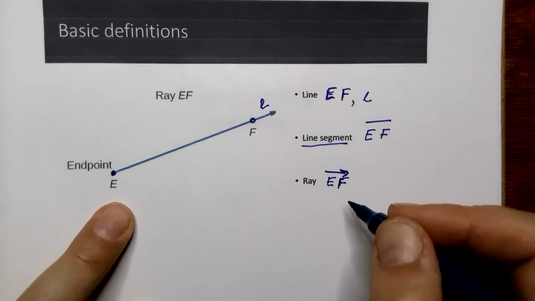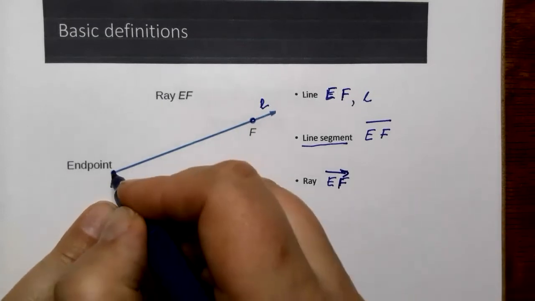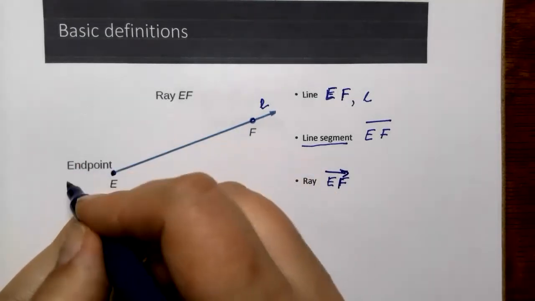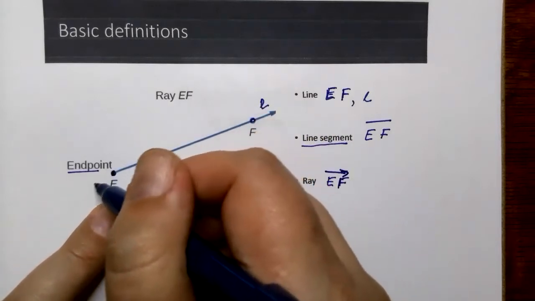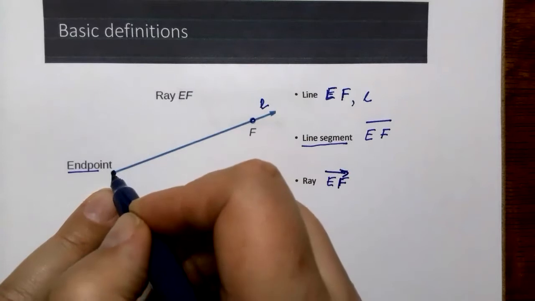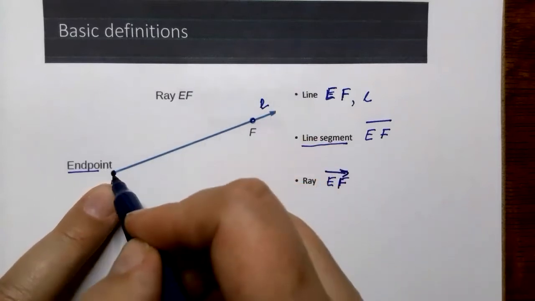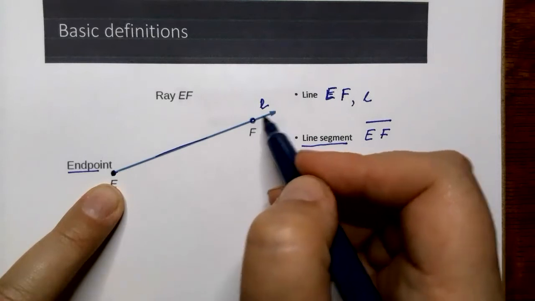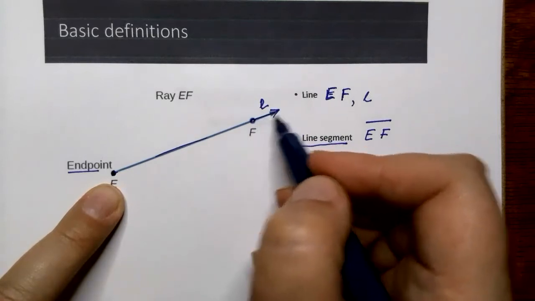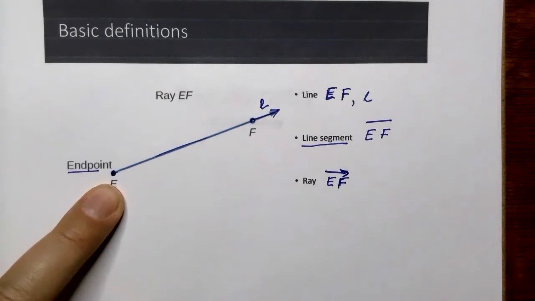A ray has a beginning point. Actually, it's called an endpoint, but that's where it starts, so it does not continue in the other direction. This is the end of the ray. Then it goes through point F and continues in that direction indefinitely. And that's a ray.